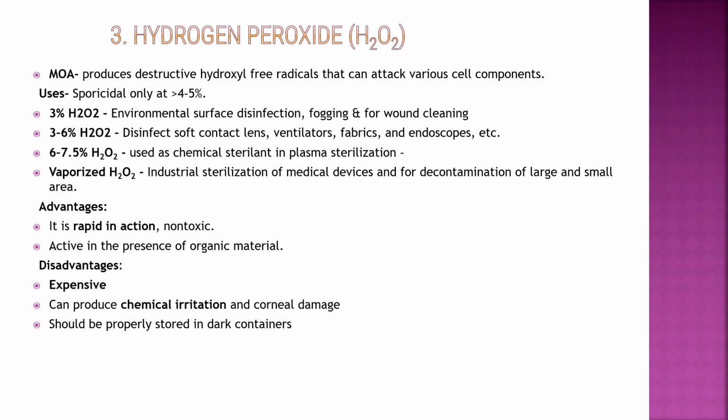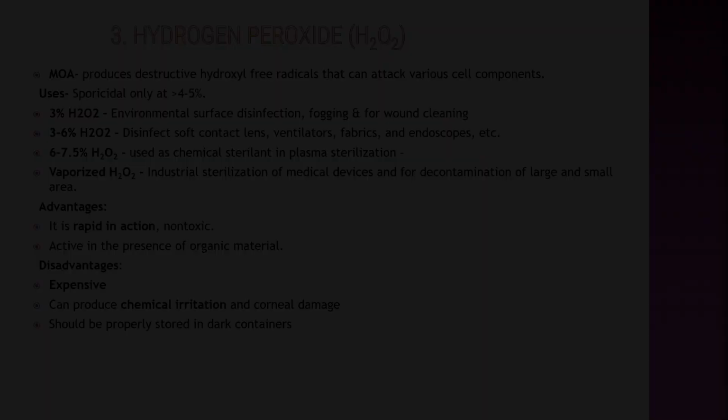Vaporized H2O2 is used in industrial sterilization of medical devices and for decontamination of large and small areas. Advantages: rapid in action, non-toxic and active in the presence of organic material. Disadvantages: expensive, can cause chemical irritation, corneal damage, and should be stored properly in dark containers.